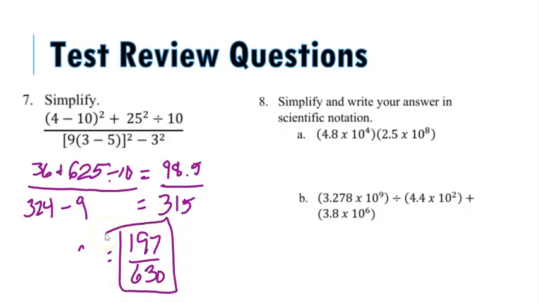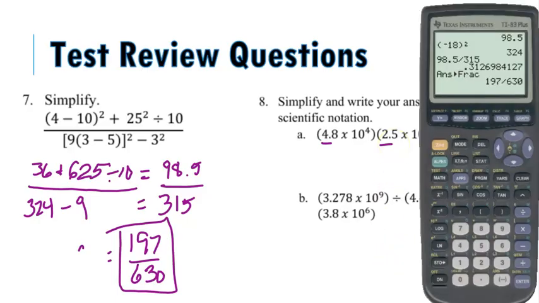Question 8, simplify and write your answer in scientific notation. So for here, we have to take the decimal parts and we need to multiply those. So we'll grab our calculators again. So we have 4.8, and we're going to multiply that by 2.5. That gives us 12.